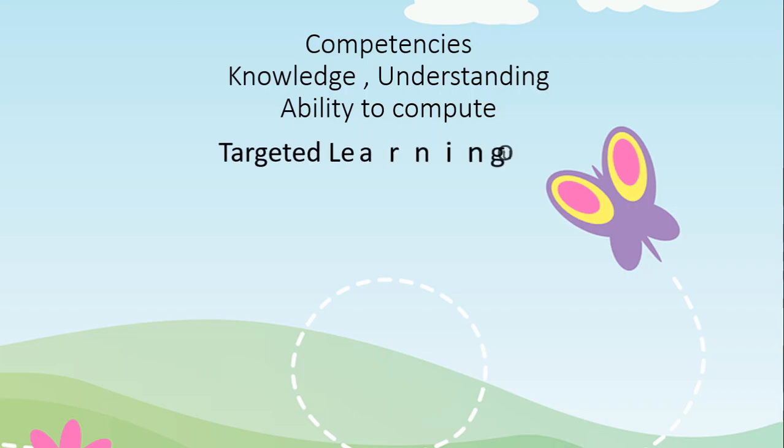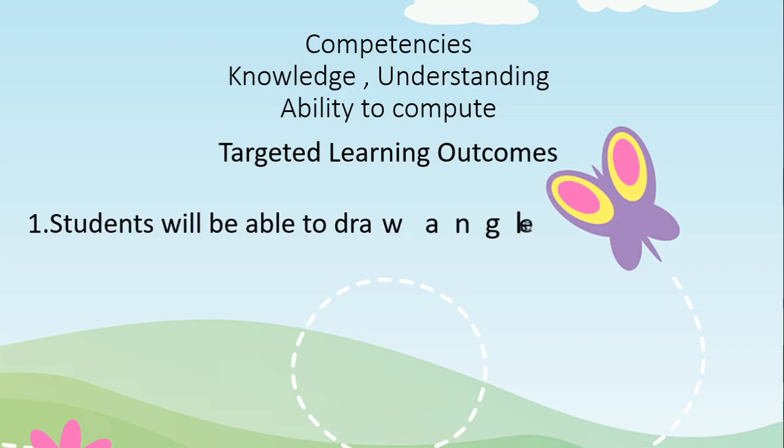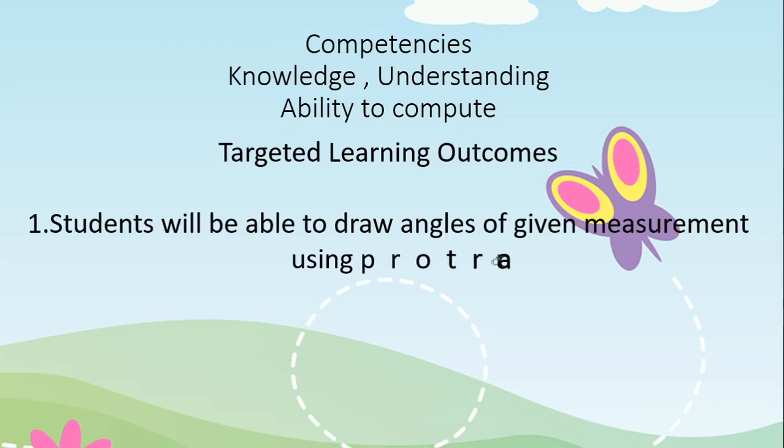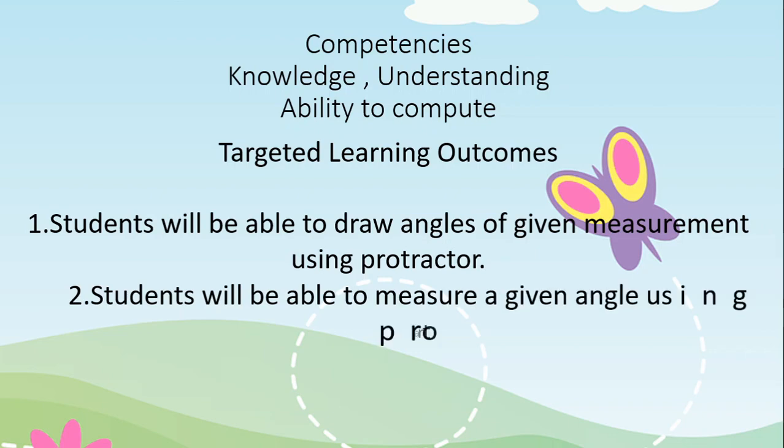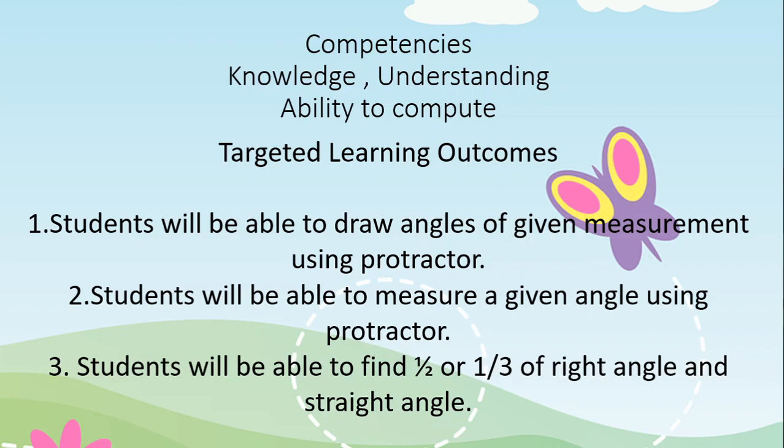At the end of the chapter, the children will be able to draw angles of given measurement using a protractor. Students will be able to measure a given angle using a protractor. Students will be able to calculate 1/2 or 1/3 of a right angle or a straight angle.